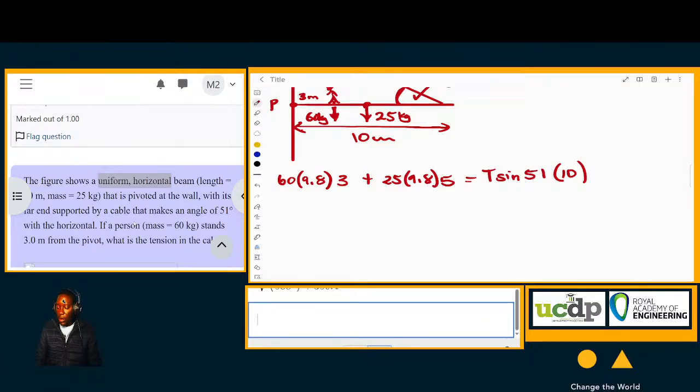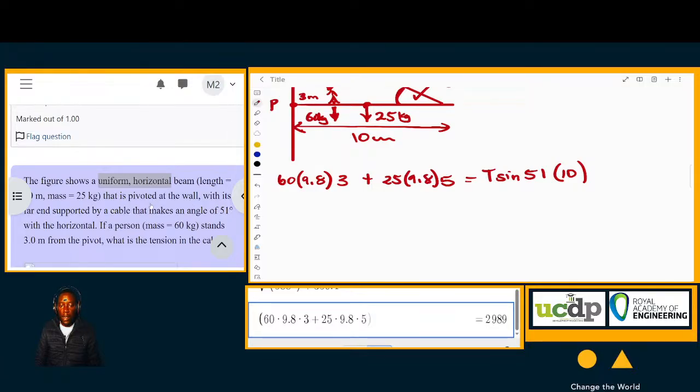So I'm just going to put the open bracket. We've got 60 times 9.8 times 3 plus 25 times 9.8 times 5, then divided by 10 sine 51.